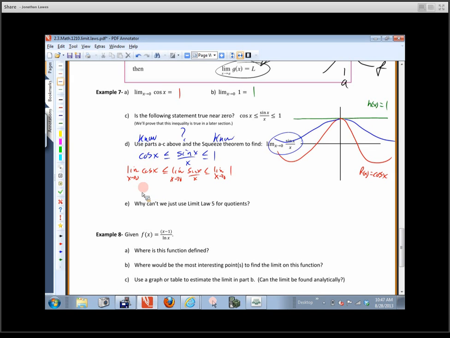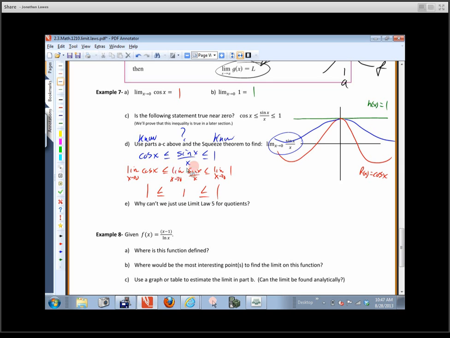This one right here. It's 1. What is this limit right here? Okay, now before I fill in the middle part, if you've got a number that's greater than or equal to 1 and less than or equal to 1, what's the only number that could possibly satisfy that? A 1. So this has to be a 1. So whatever this is, it's got to be a 1.